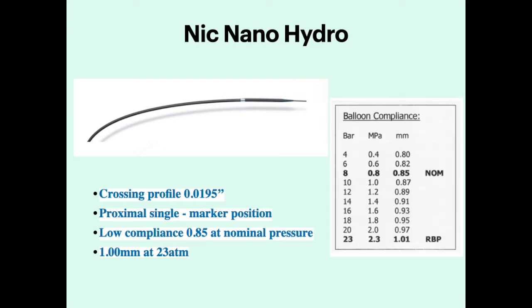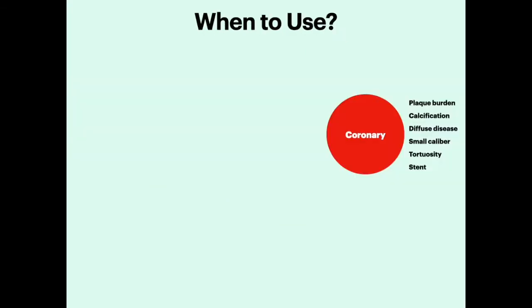And when we go up to that high pressure, the maximum diameter that the balloon will reach will be 1 millimeter. The balloon is available in two sizes, 0.85 millimeter and 1 millimeter, and we usually keep on our shelf only the 0.85 to use when we are unable to cross the lesion.